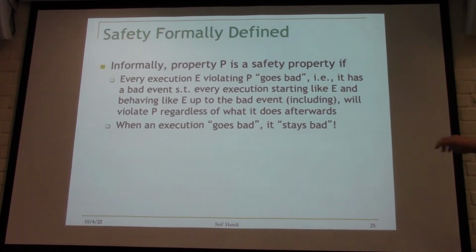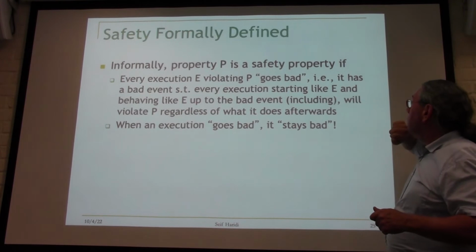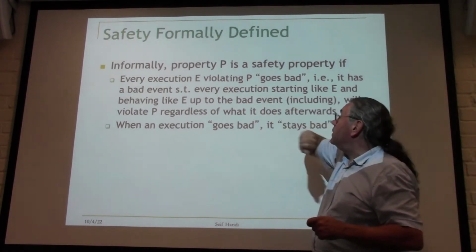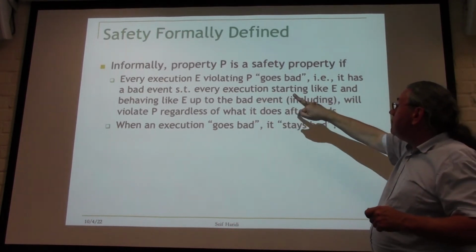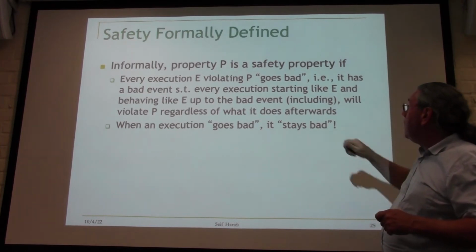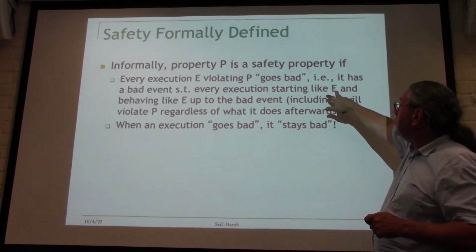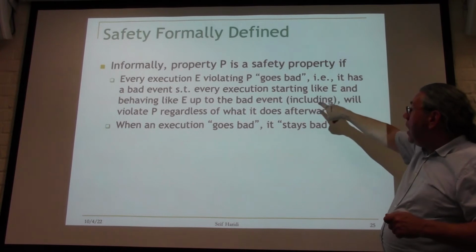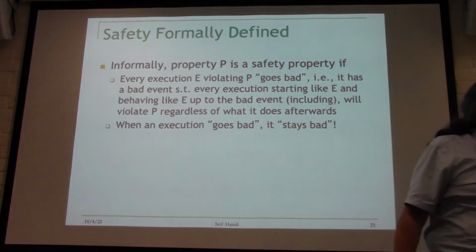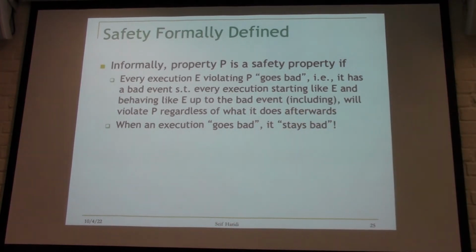There's some property P here. If the execution is not safe, every execution starting like E and behaving like E up to the bad event will also be unsafe no matter what it does after.